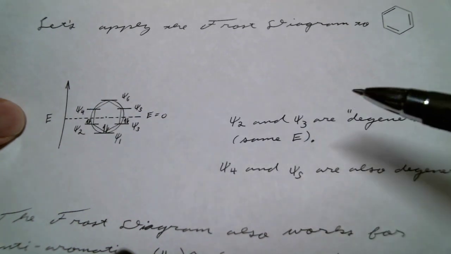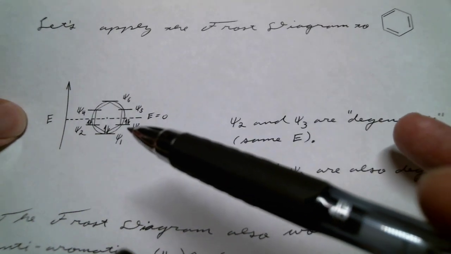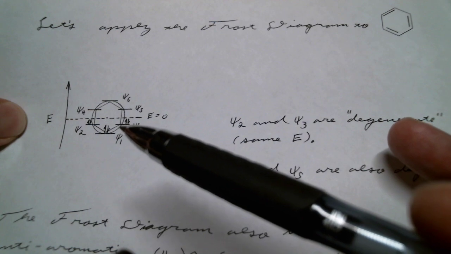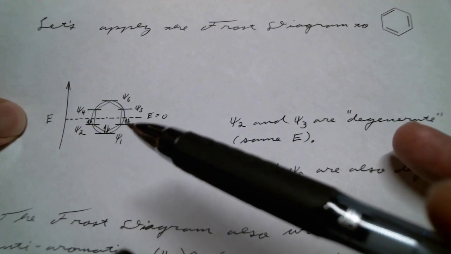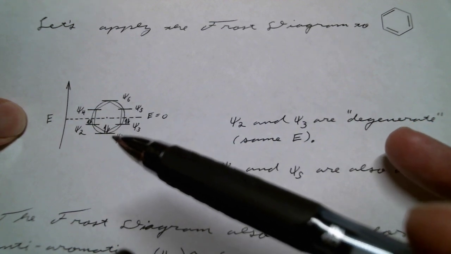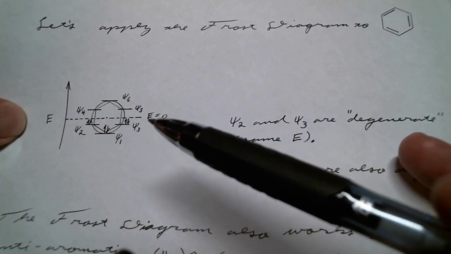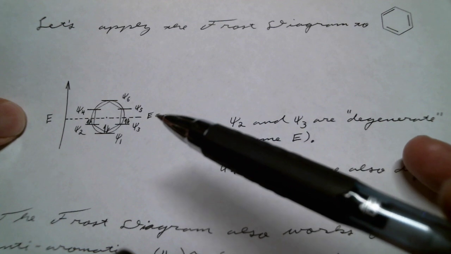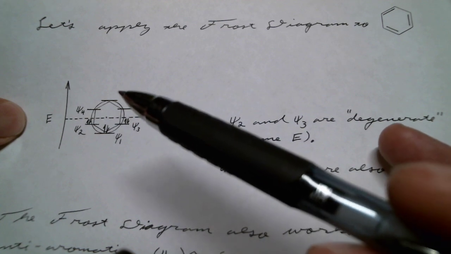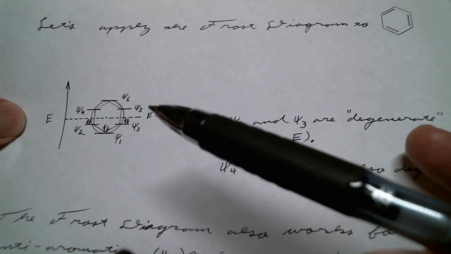And then all of our molecular orbitals occur where vertices touch our circle. So you can see that we have 3 molecular orbitals that are below our center line, our E equals 0 line, and we have 3 molecular orbitals that are above that center line.